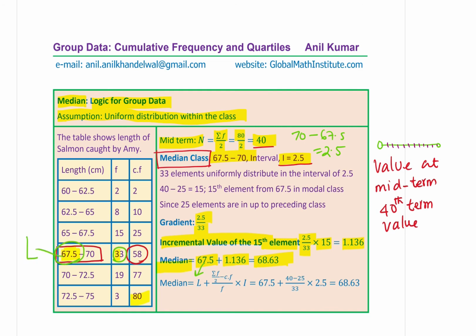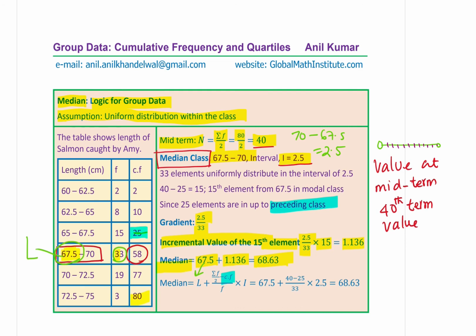Okay. Now within this, we're looking for half position, which is sigma f over 2. That gives you 40 minus the cumulative frequency of the previous one, correct? So let me color it in a different way. That becomes the cumulative frequency of the preceding class.